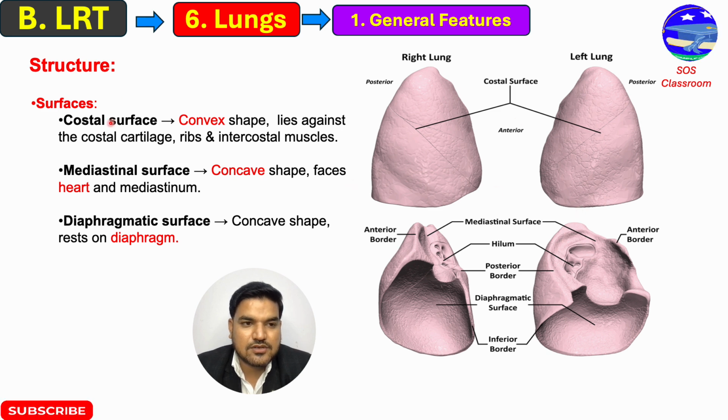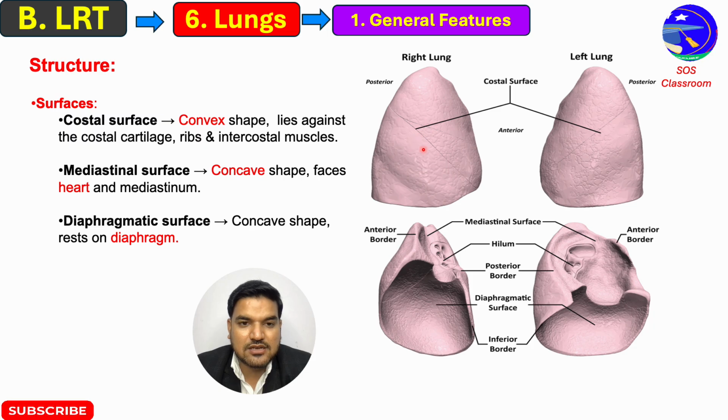You can see costal surface, mediastinal surface, and diaphragmatic surface. There are three surfaces. So first of all, you can see costal surface. The costal surface is convex in shape and lies against the costal cartilage, against the ribs and intercostal muscles.